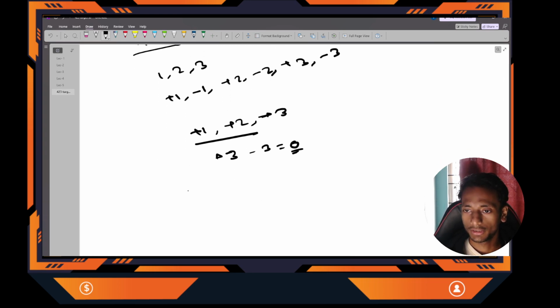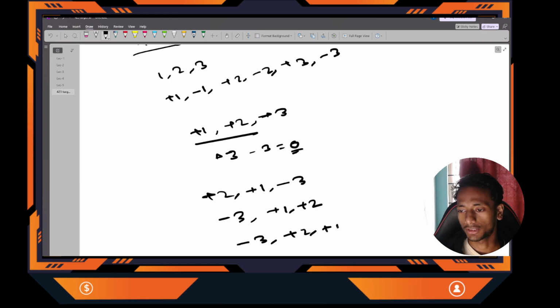We can actually have different permutations of that: plus 2 plus 1 minus 3, another minus 3 plus 1 plus 2, or minus 3 plus 2 plus 1. All of these arrays are valid.